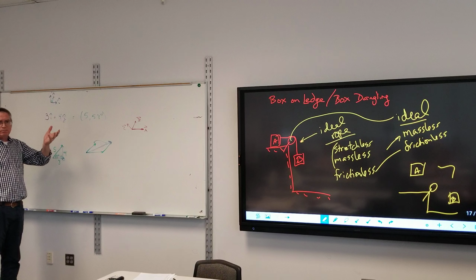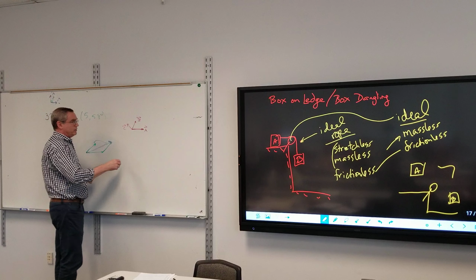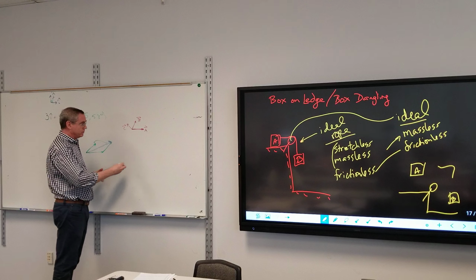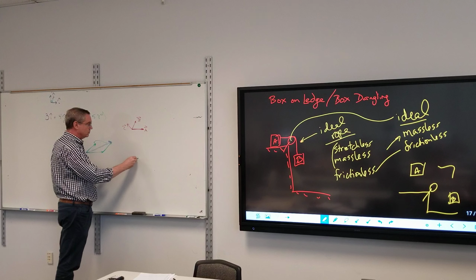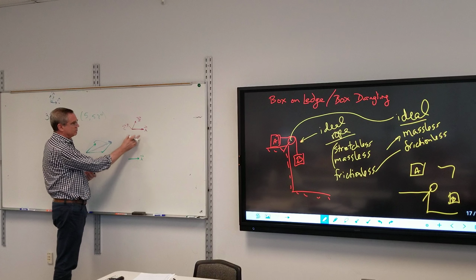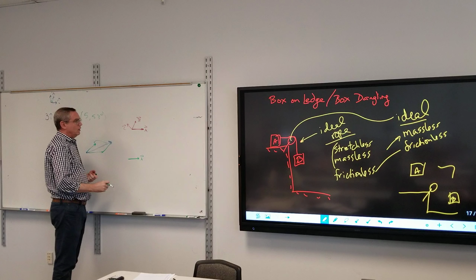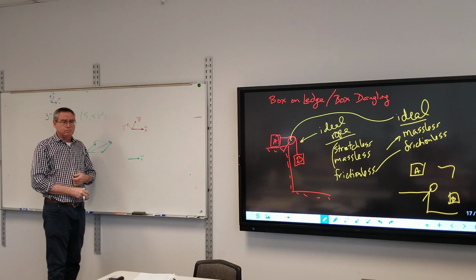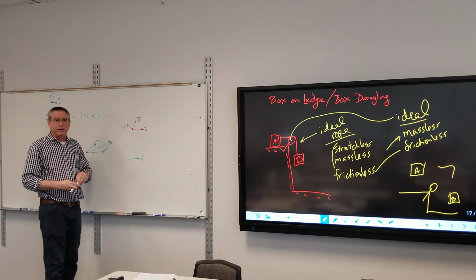I pick a vector, I draw it down. It needs to be same magnitude, same direction. That's intended to be A. Now I'm here. Draw one of my other vectors. I tend to go in order, but I don't have to.